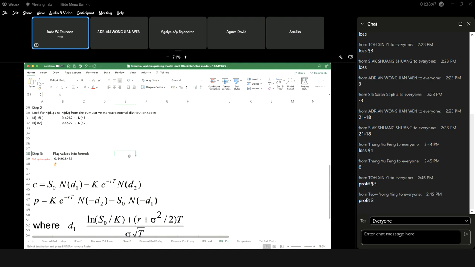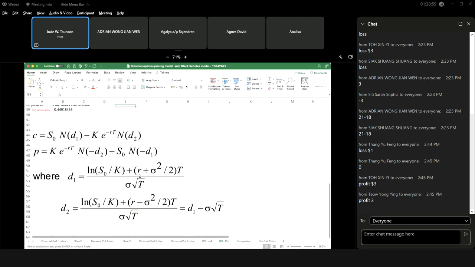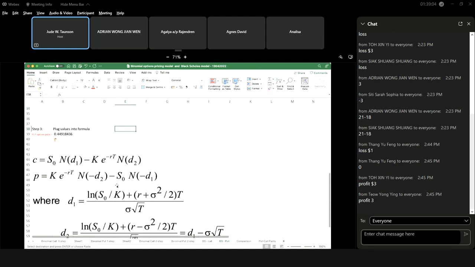However, nowadays we also have sophisticated software to handle this. So both models are still widely used, but of course, Black-Scholes model is more accurate and more widely used, given simplicity, right?